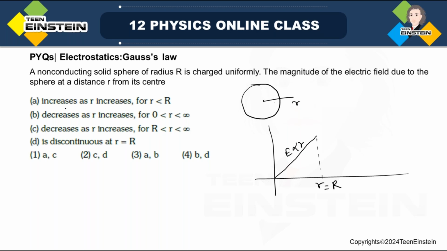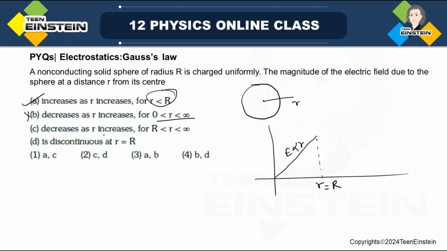So the first option, electric field increases as r increases. This is true inside the sphere. Now, electric field decreases as small r increases between 0 to R. That means everywhere from 0 to infinity the electric field decreases. That is what it is saying, which is not true.